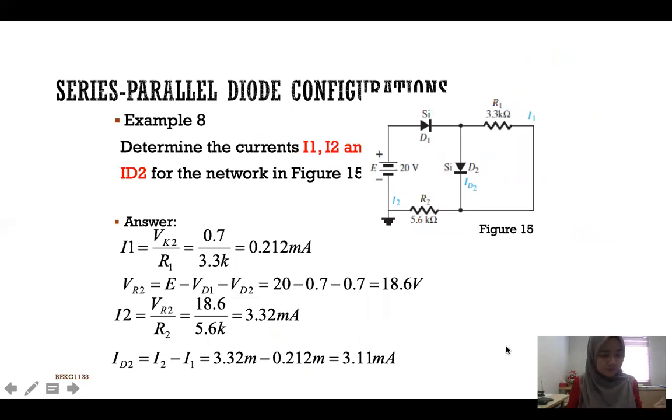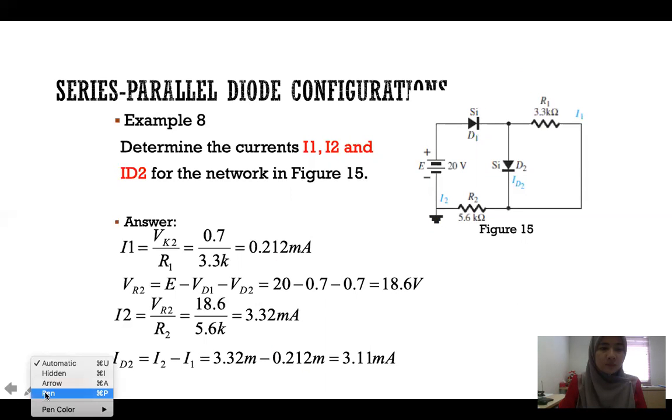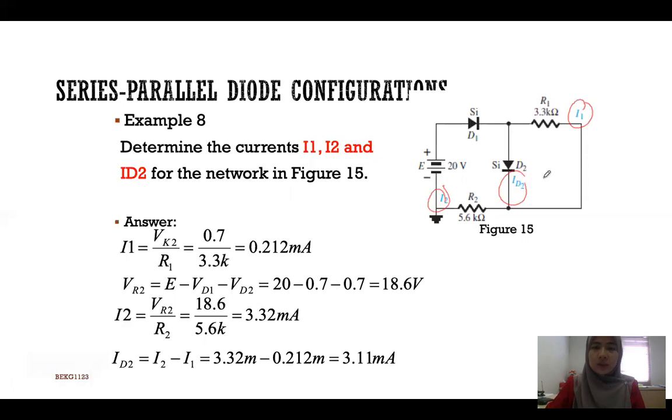Next is example 8. Given this circuit, determine the currents I1, I2, and also ID2. I1 is over here.